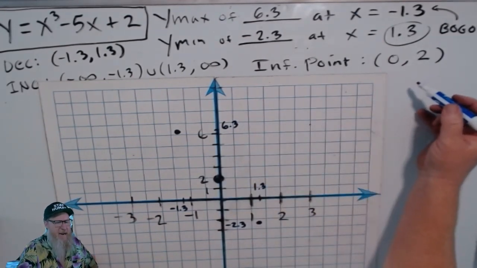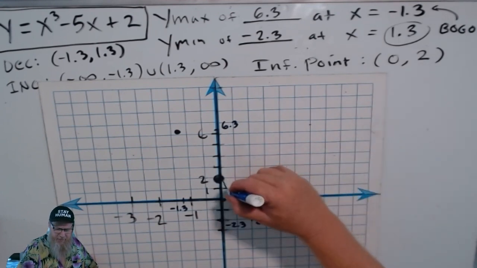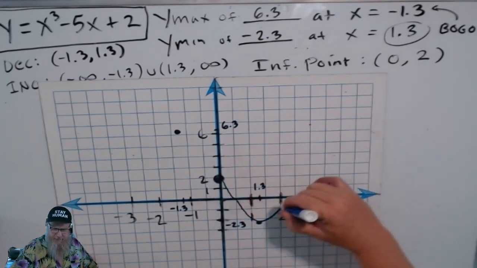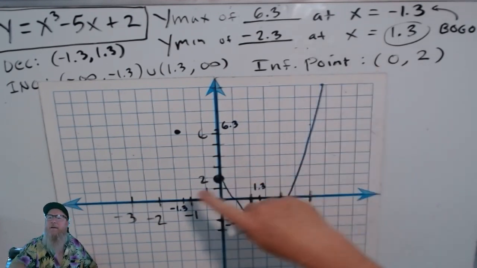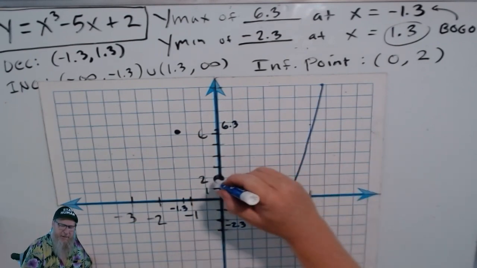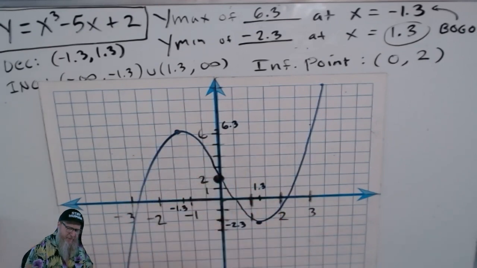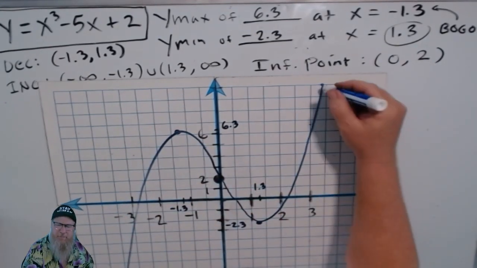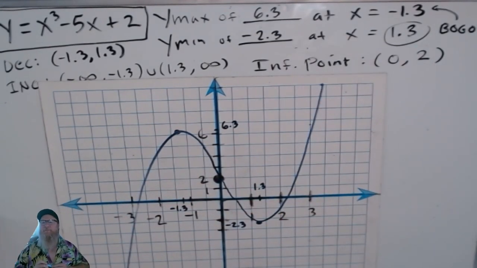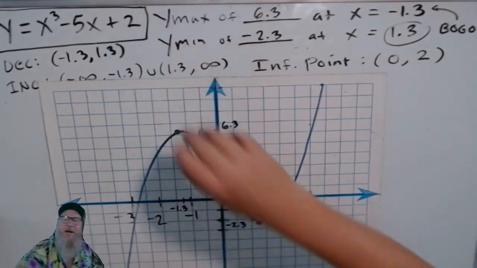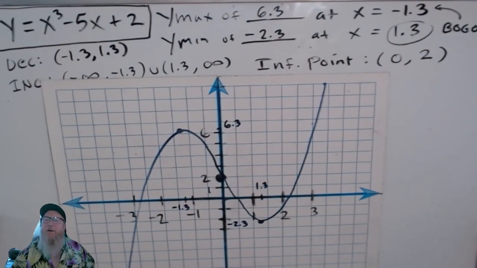It's concave up on the right of the inflection point, and then it's concave down to the left of the inflection point. And so there's your graph. You will not be drawing these with a mouse.